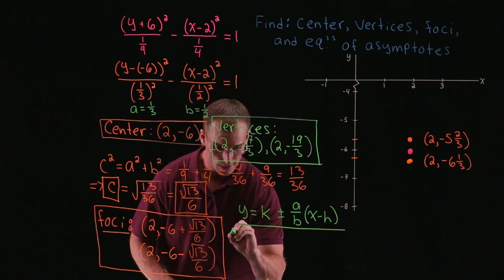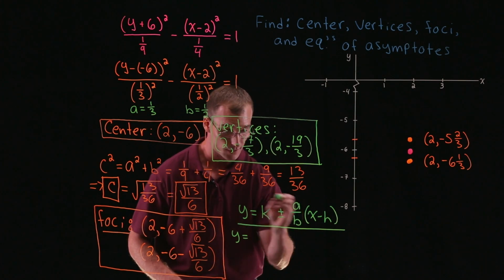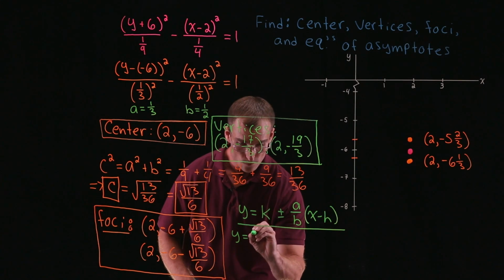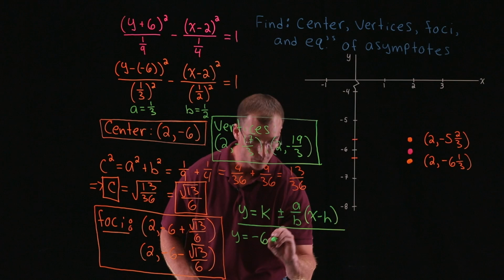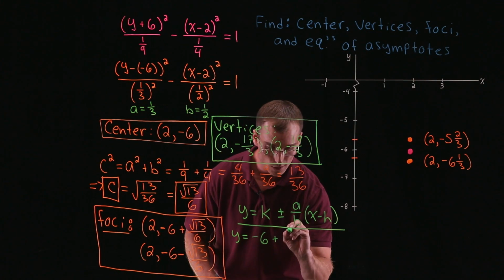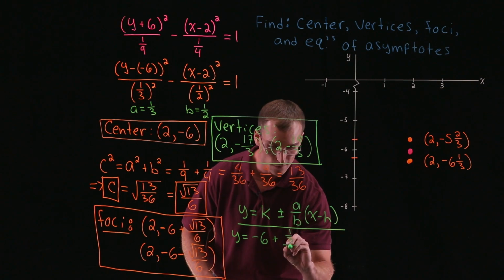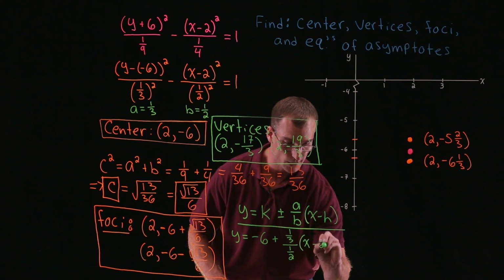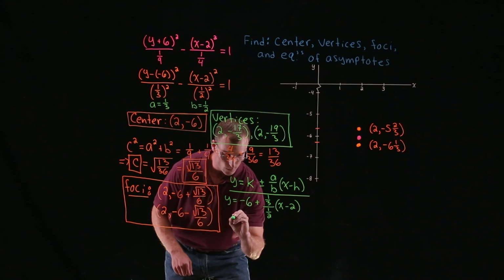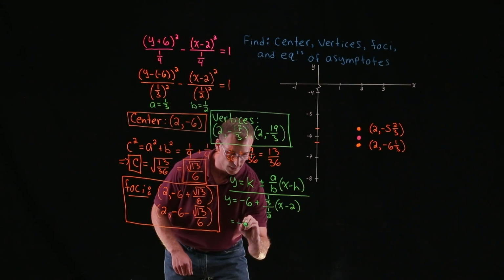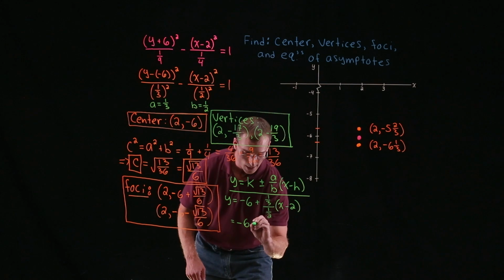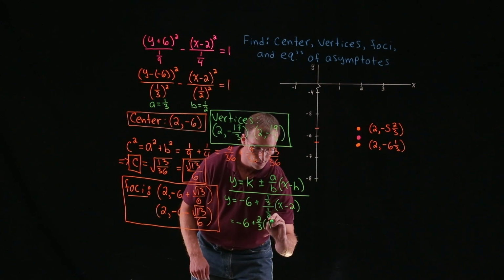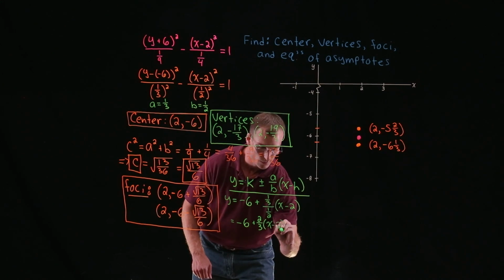Let's take a look at y equal to, say, the plus. So k, which is -6, plus a over b, so plus 1/3 divided by 1/2 times x minus h, or x minus 2. So that's going to give us, say, -6 plus, 1/3 divided by 1/2 is 2/3, times x minus 2.